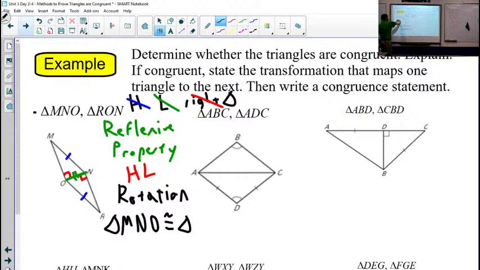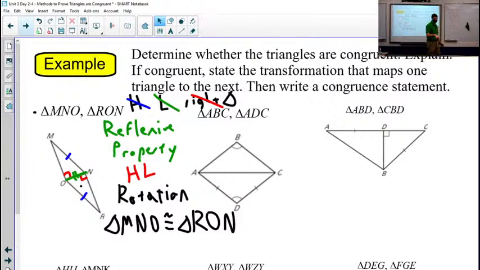Well, M rotated and matched down to R. Point N, when it got rotated over to the other side and rotated over to O. And O, same thing, it got rotated over to N. So that's the order that we want to write these in. So we're using hypotenuse, leg, that's a rotation. So there's your triangles being congruent.